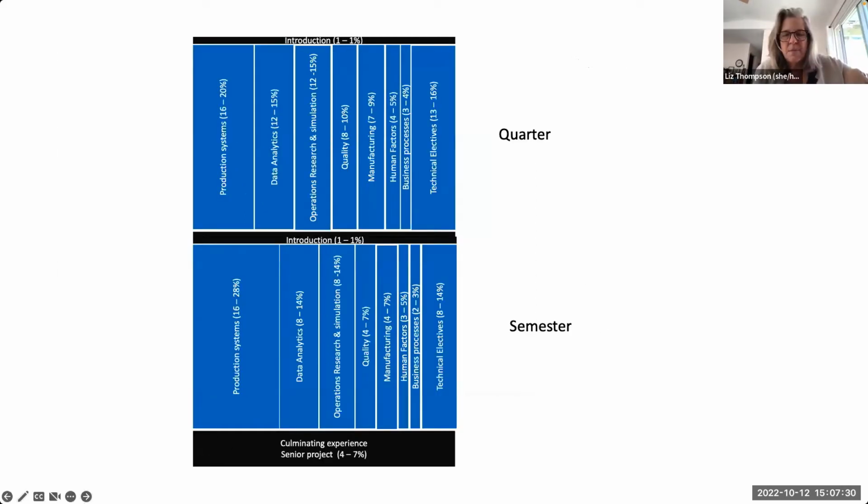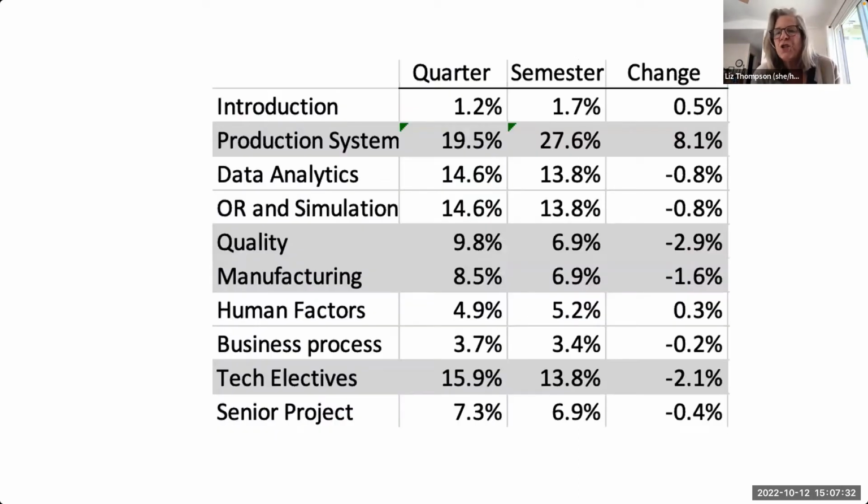So this is what it looks like side by side, and this is the percentage change in these buckets. I think one of the biggest places where we had a change percentage wise was in production systems. And I'm wondering if Jill can explain the thinking in those classes and go over what happened in that particular area.